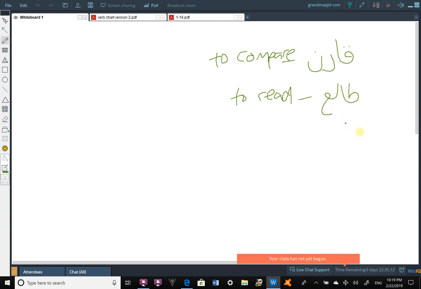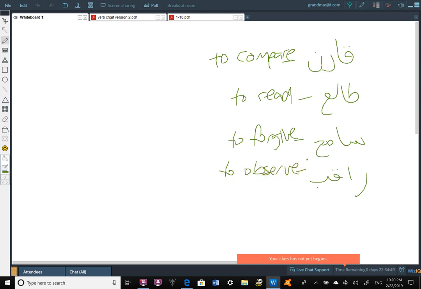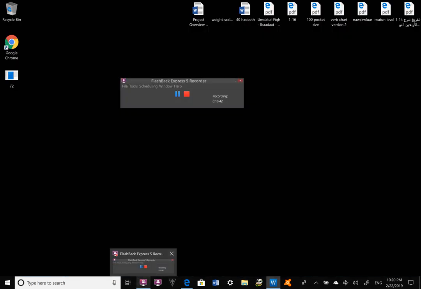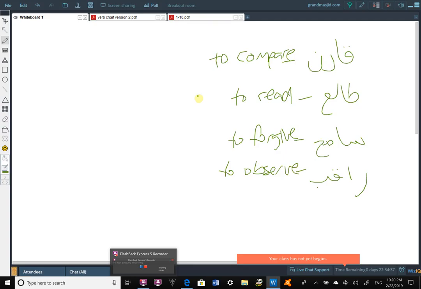Samaha is to forgive, which we could use a little bit of in our lives, right? Raqaba is to observe. Inshallah ta'ala, these are just 4 more verbs. If you want to practice them, you can send them through WhatsApp or Facebook.